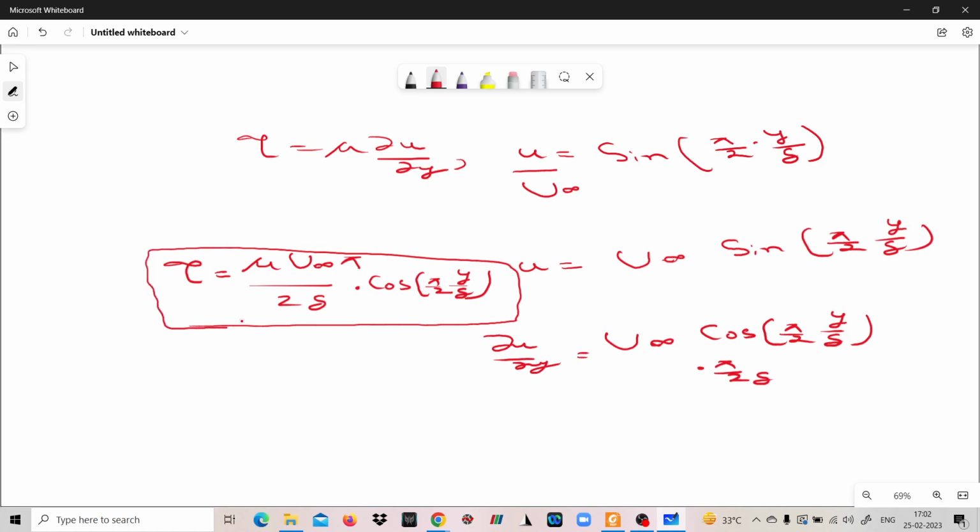But if you want to find tau w, that is at the wall, what is the value of y? Value of y is equal to 0. So it is basically cos 0, and cos 0 is 1. So tau w will be equal to mu u infinity pi by 2 delta.